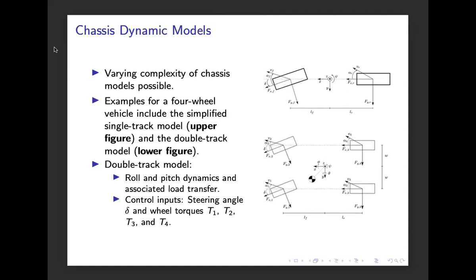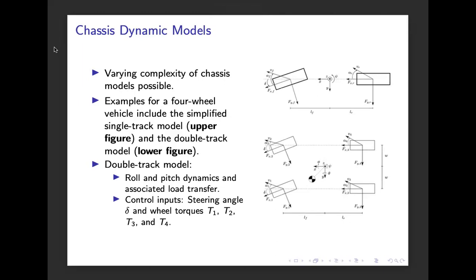There are varying models of different complexity depending on what kind of fidelity we need, and here we have two examples. This is the so-called single track model. Here we have lumped the two wheels on each axle, so we consider this the rear wheel and this the front wheel, where we can control the steering angle delta.